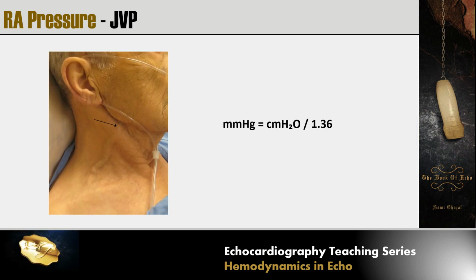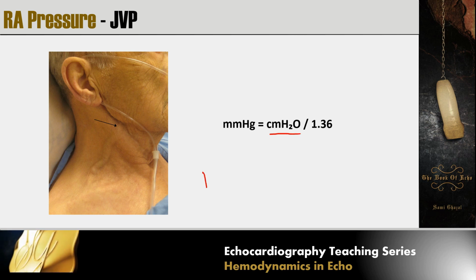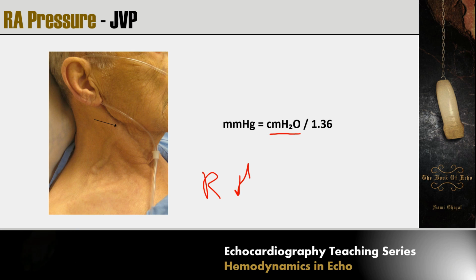The jugular venous pressure is a clinical measurement of central venous pressure. It is done clinically, and a lot of physicians do it. The problem with it is that you measure the central venous pressure in centimeters of water, but we need the RA pressure in millimeters of mercury. So we have to use a conversion.